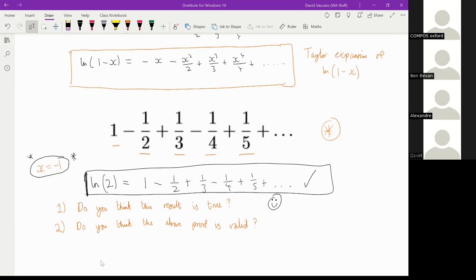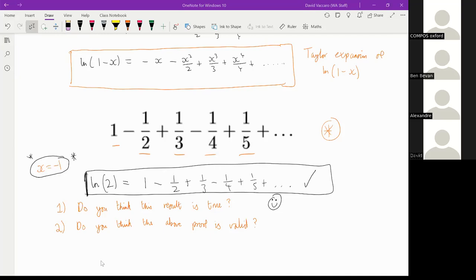Okay, any questions about that section of starting with a Taylor series and then modifying it to get new Taylor series? Very good question in the chat. How would you prove it properly? Very, very good question.